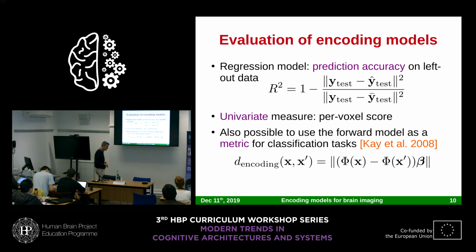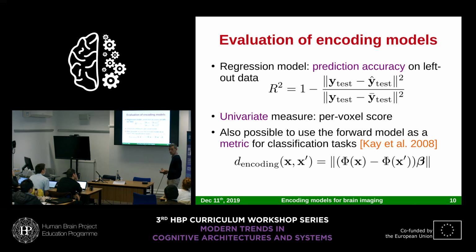Remember that the encoding model, it's interesting because it's a generative model. It's a model that essentially is based on how the data are generated. So once you have estimated the model on your data, that is, you have learned the beta coefficient, you can take then new stimuli and then simulate how the brain would respond to this new stimuli. So you can essentially now guess the Y that would come if you put a new X into the model.